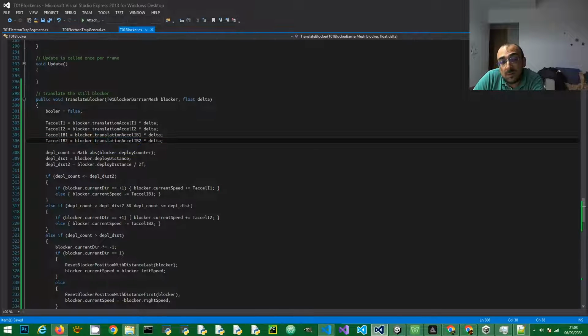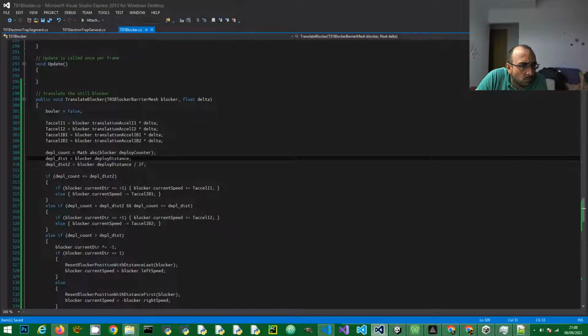I guess my cell phone provider doesn't have such good uploading speeds. So we have the accelerations. Okay, we have the deploy counter, which I don't remember what it does. We have the deploy distance. That is the distance that the blocker will move.